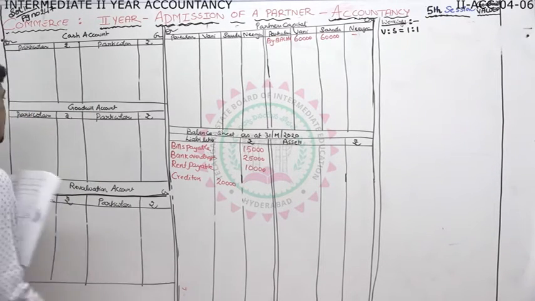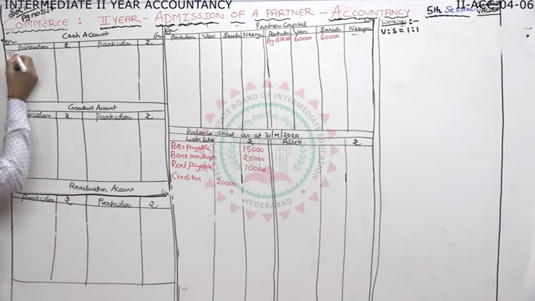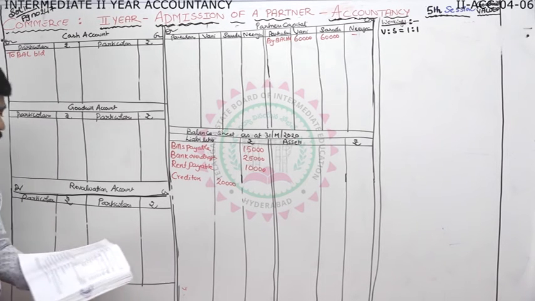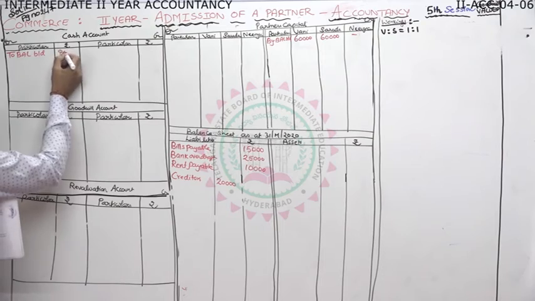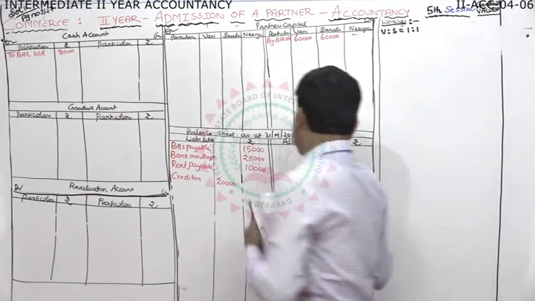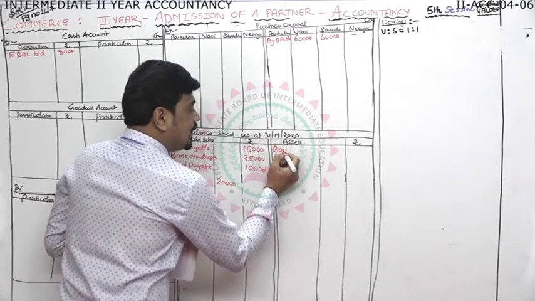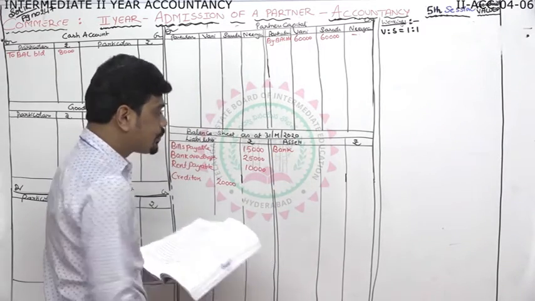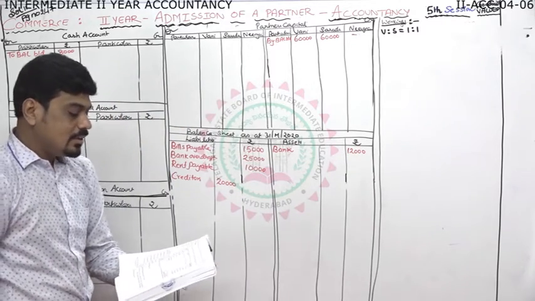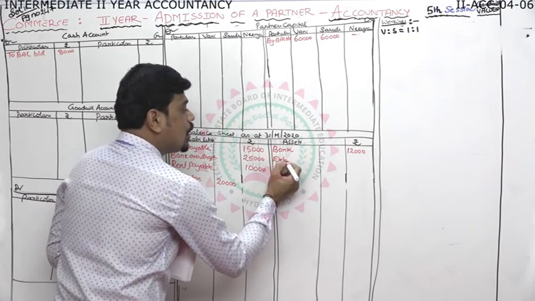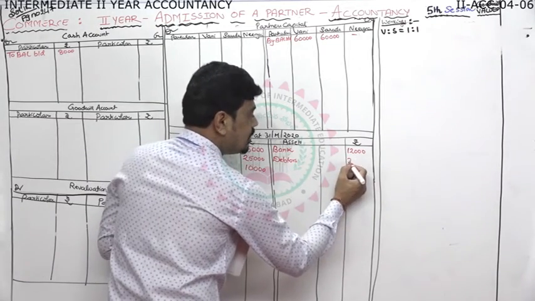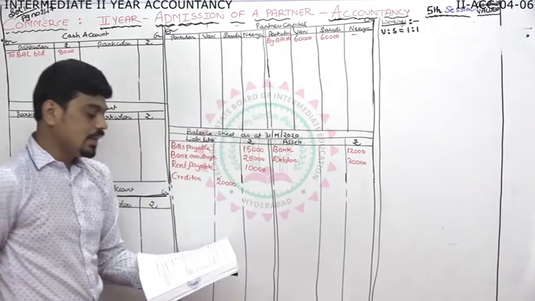Now assets. Cash. We'll come to the cash account. Bring down the balance on the debit side, to balance brought down, 8,000. Cash is 8,000. Then bank, as it is, asset side, 12,000. Followed by debtors. No adjustment on debtors, so no need for the inner column. We'll write in the outer column 30,000.